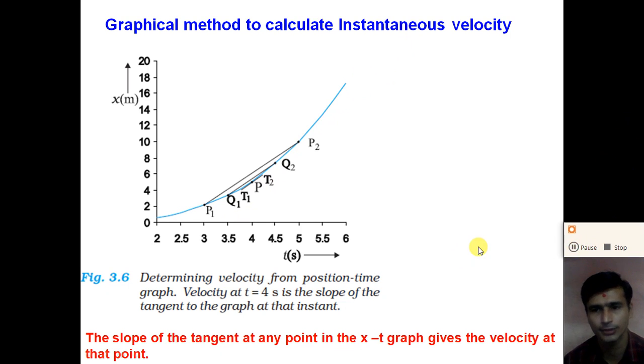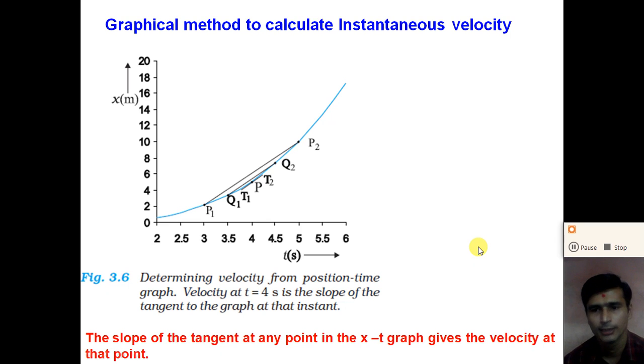So here, dear students, we can calculate the instantaneous velocity using a graphical method at any instant of time by drawing a tangent and calculating the slope of the tangent at that point. But the graphical method to calculate the instantaneous velocity is not convenient in all cases, right?